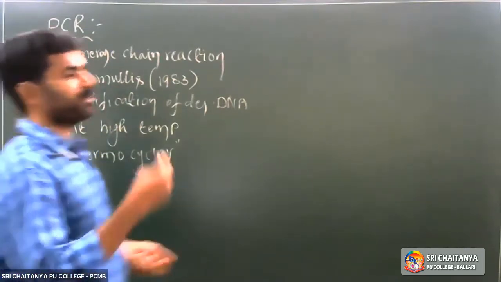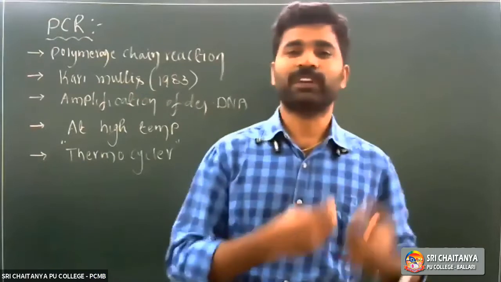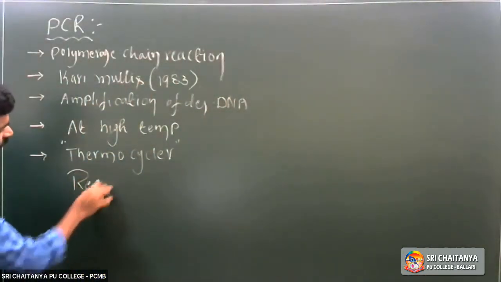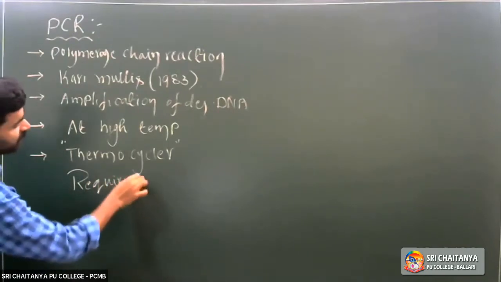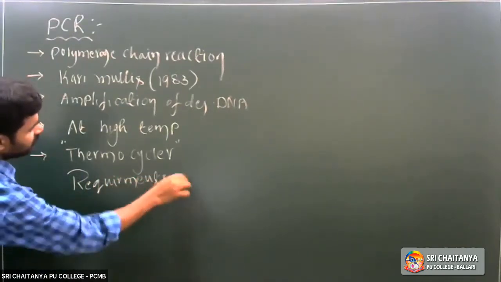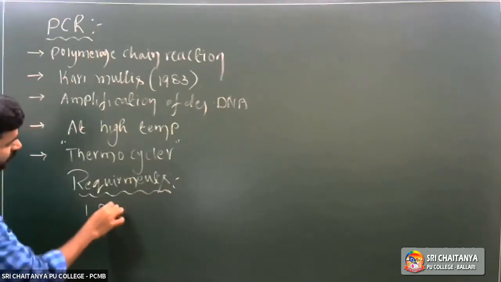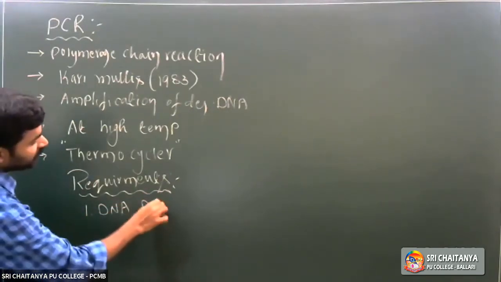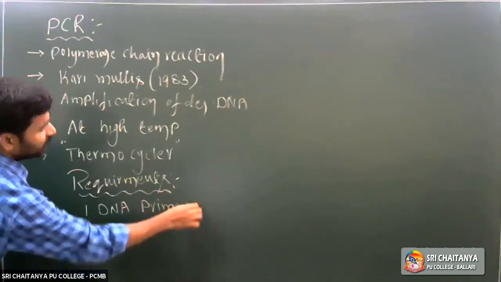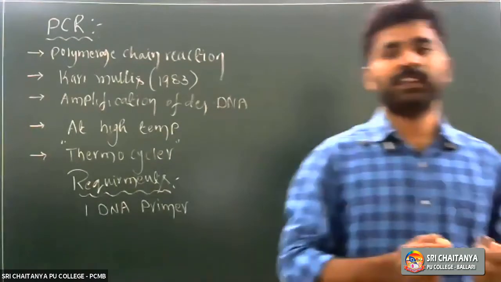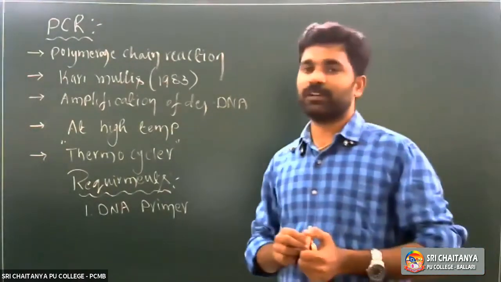Okay, right? What are the major requirements for the PCR technique? We will see. First one, DNA primers, not RNA primers, DNA primers. So what are primers? A small segment of single stranded DNA or RNA molecules is called a primer.